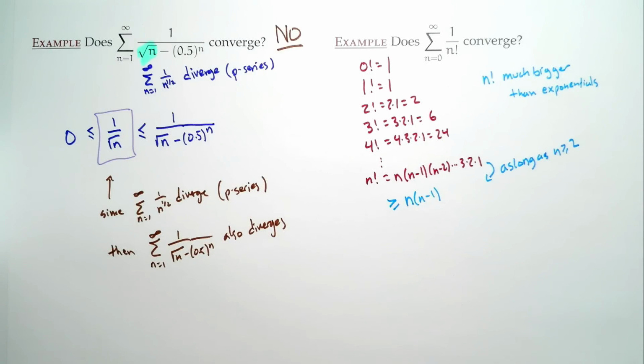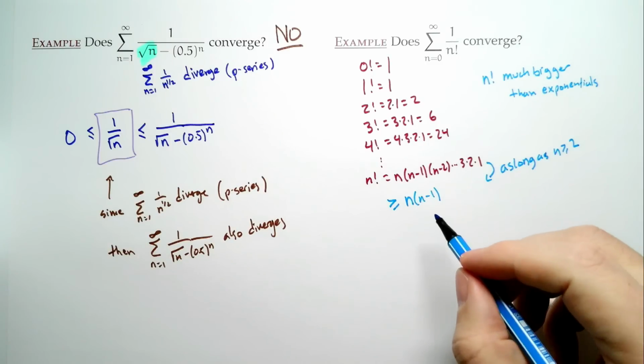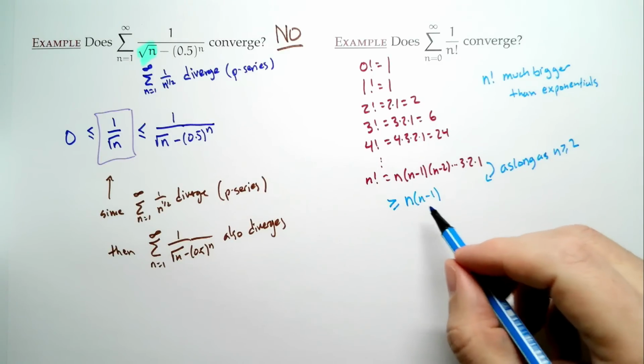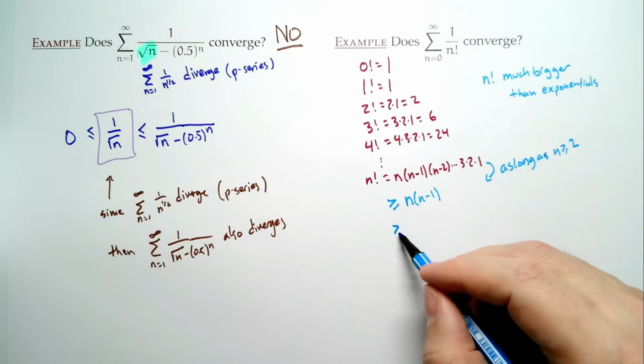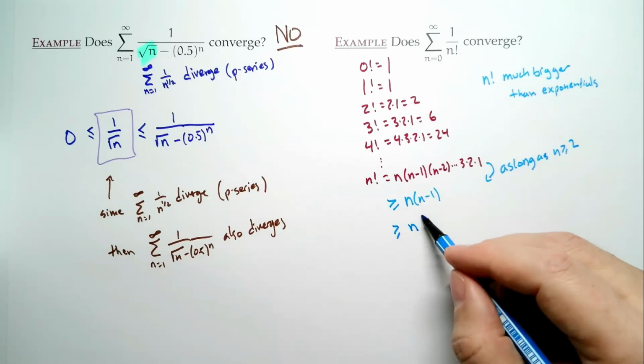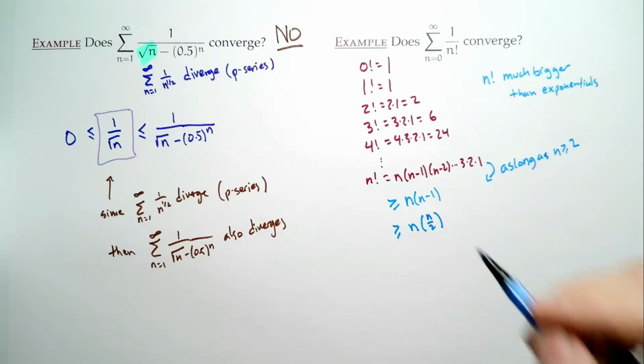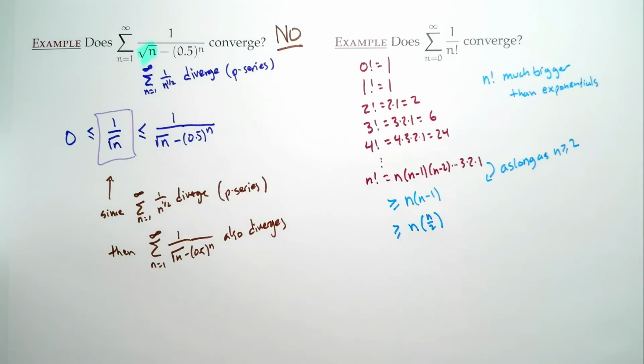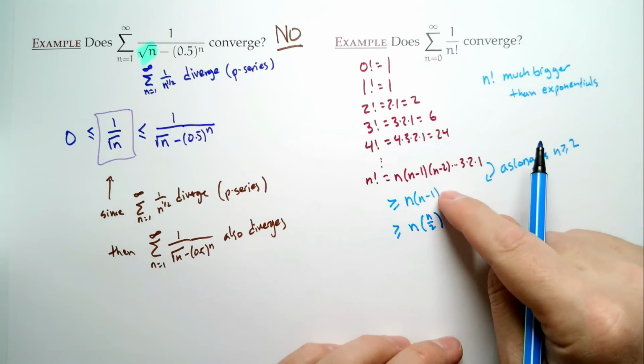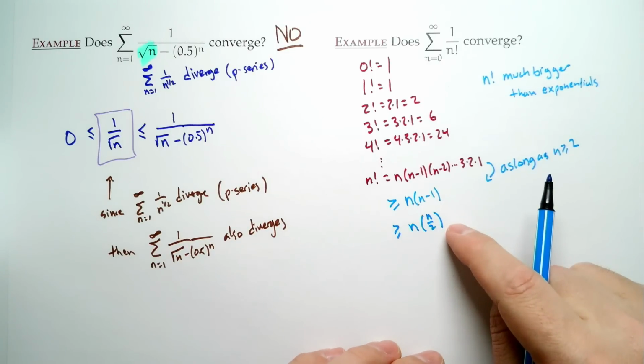And now, here's another thing we could say. Well, look, if we subtract 1, that's certainly bigger than if we divide our n by 2, right? Subtracting 1 is only going to make it go down by a little bit, whereas dividing by 2 makes it go down by a lot.